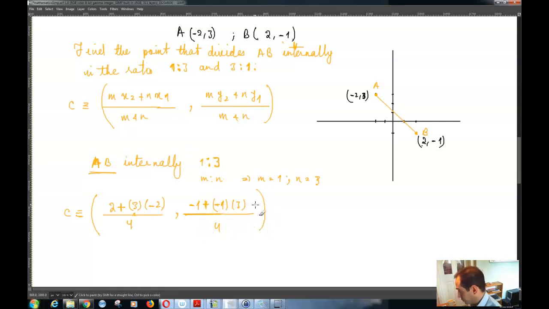So the coordinates of this point are -6 plus 2 is -4, -4 over 4, and -3 minus 1 is equal to -4 over 4, which is the same thing as (-1, -1).